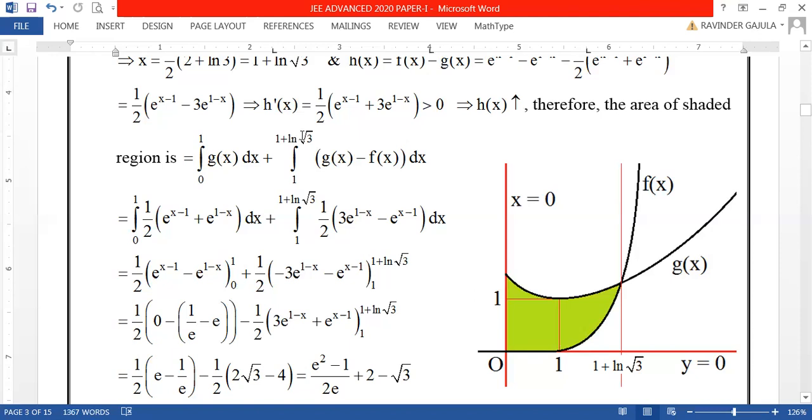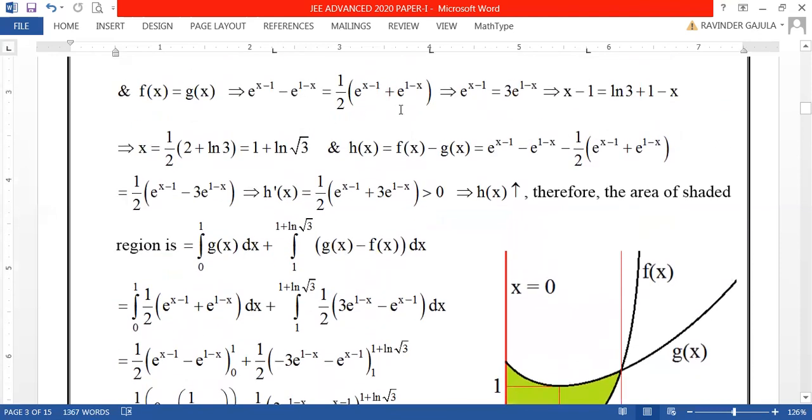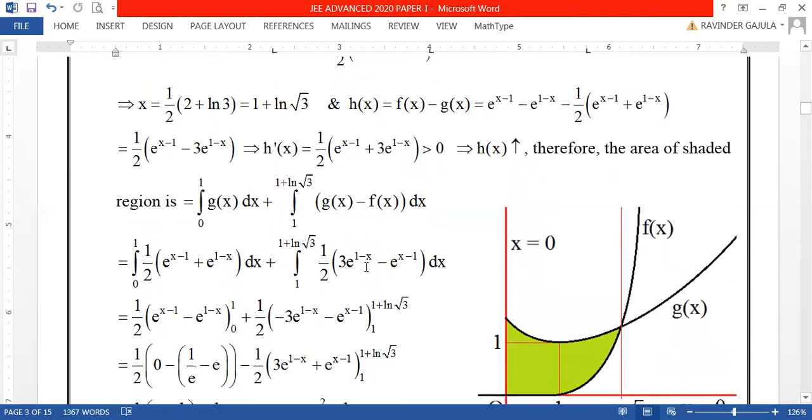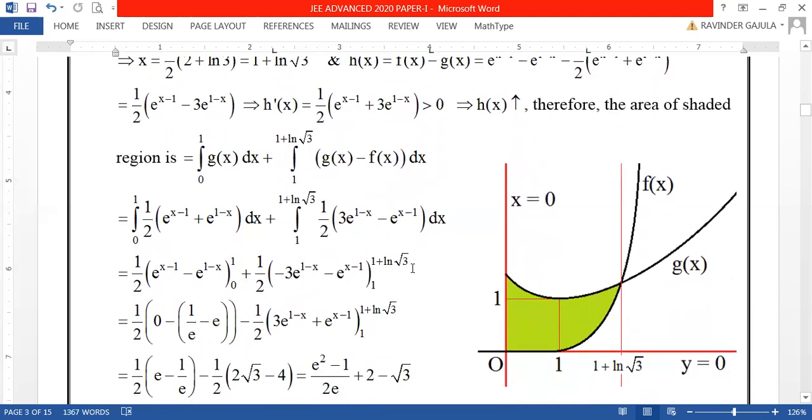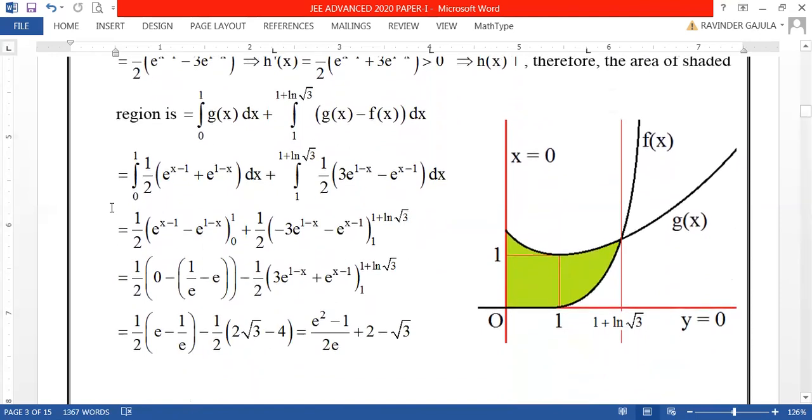F of x minus g of x is this, so the negative of this one is g of x minus f of x. That's why it is 3 e power 1 minus x, e power x minus 1. And you know how to integrate e power x. So this is the integration part.